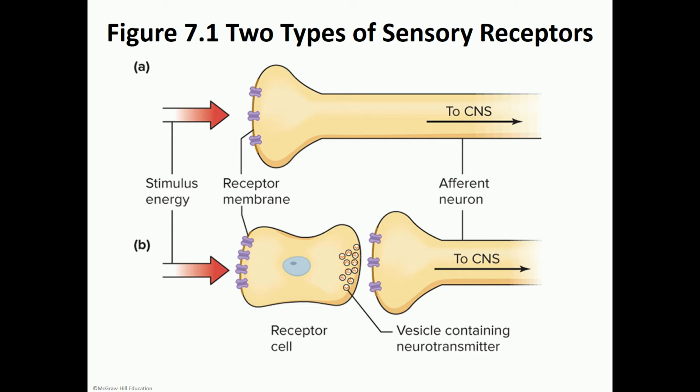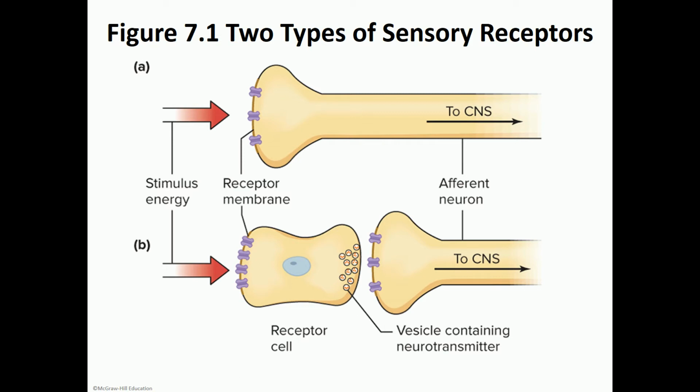So that is one kind of receptor. The receptor we're talking about here, whether it's these or this receptor cell, is a cell that receives stimuli, receives the change in the environment. So again, make sure that we're not confusing these 2 different kinds of receptors.